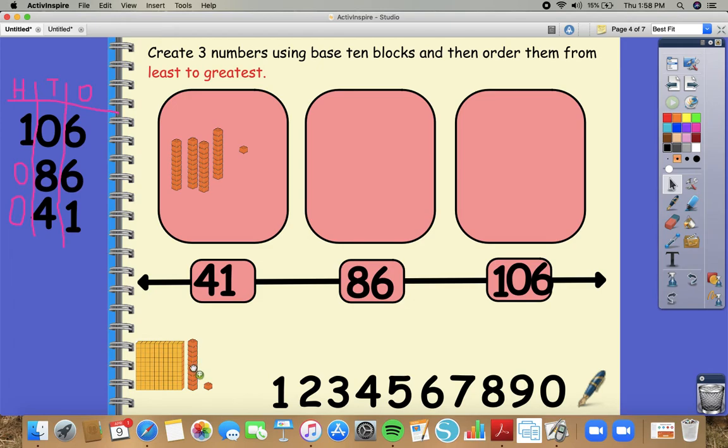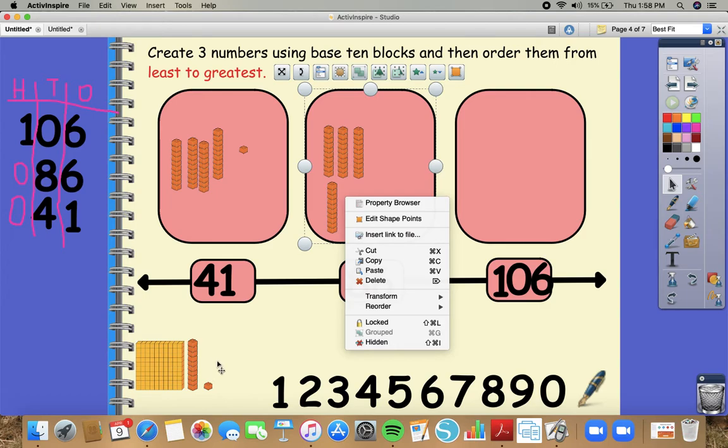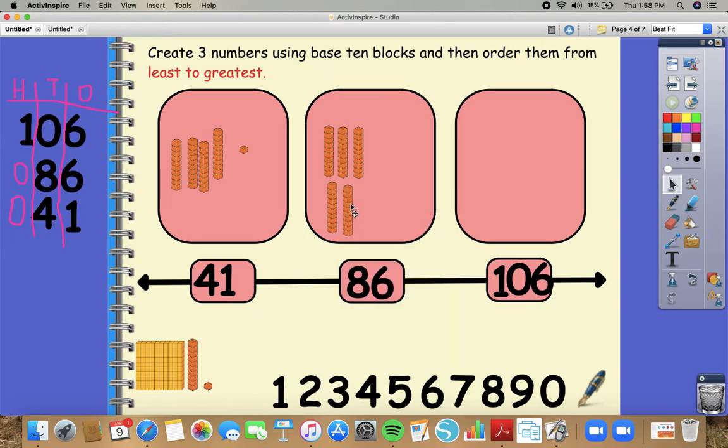No. How many tens do we need though? 1, 2, 3, 4, 5, 6, 7, and 8. There it is. 8 tens.